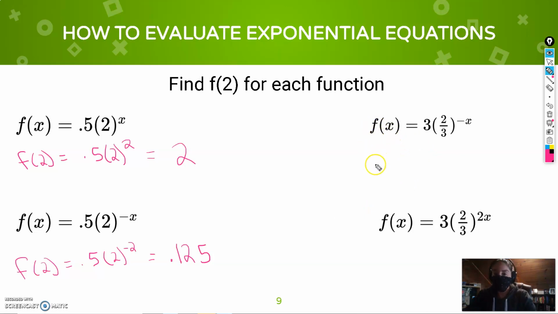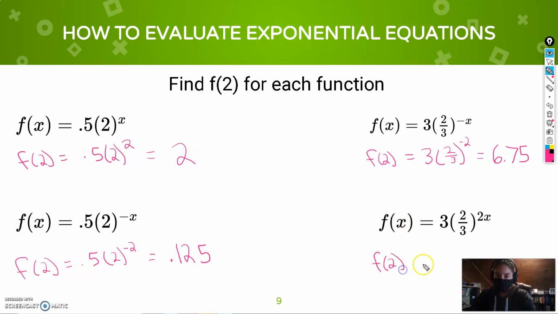What happens when we plug into this function? Let's see, 3 times 2/3 to the negative 2 power. Well, what happens here? We plug this into the calculator, we get 6.75. Interesting. That's not a fraction. And this is much bigger than this one. I wonder how that happened.